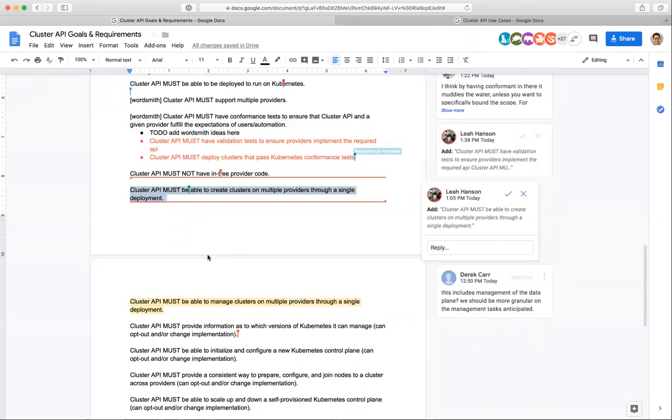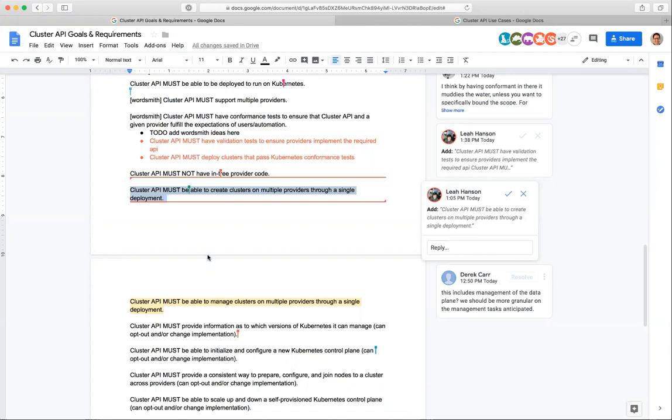So I think this is, if I have deployed cluster API in one place, then I can create my machines and clusters and whatever other CRDs we end up with in that one place and have them run on AWS and GCP and all over the place without having to have separate management clusters, I guess.